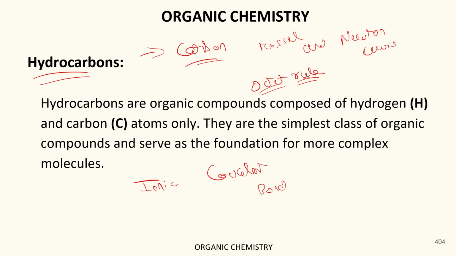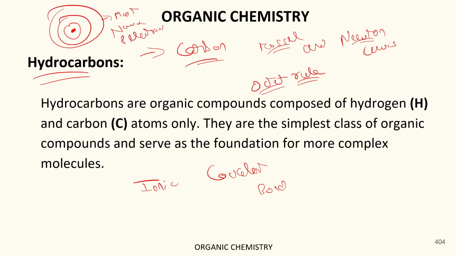Just remember that Kossel and Lewis were the ones who gave the octet rule, and the octet rule states that if this is an atom and these are the orbits surrounding the center of the atom, then the last orbit must have 8 electrons.